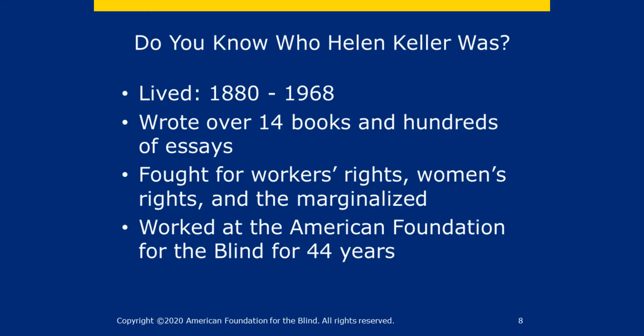She was born in 1880 and died in 1968. During her long life, she wrote over 14 books and hundreds of essays. She fought for workers' rights, women's rights, and the marginalized. For 44 years, she worked at the American Foundation for the Blind, championing the rights of those with vision loss. She took her fight nationwide and to 39 countries around the globe.